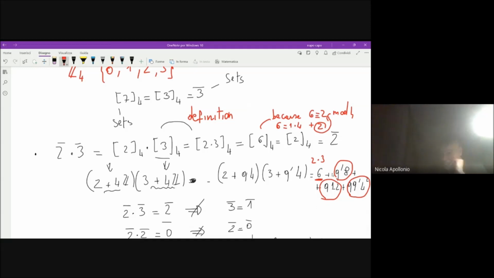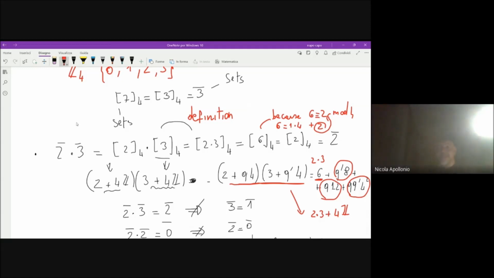So I can say that this product belongs to 2 times 3 plus 4Z. The question is: is it true for every element? Yes, it is true for every element.